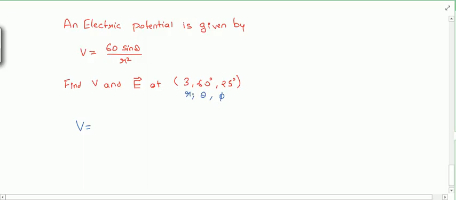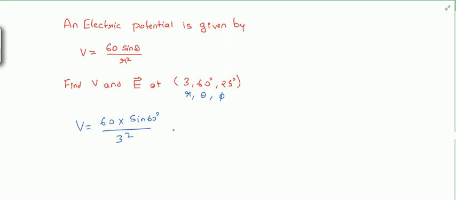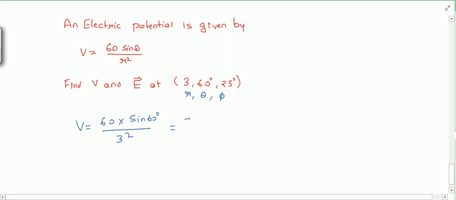The value of r is 3 and theta is 60 degrees, so it becomes sine 60 degrees divided by 3 squared. If you solve this, it will come as 5.773 volts, because this value is given in volts.